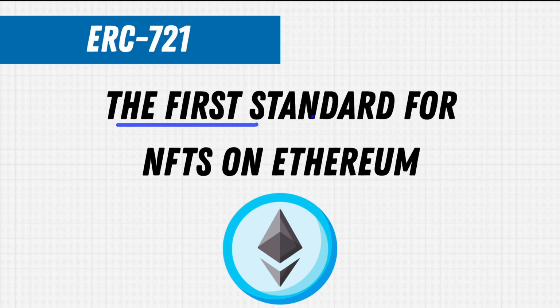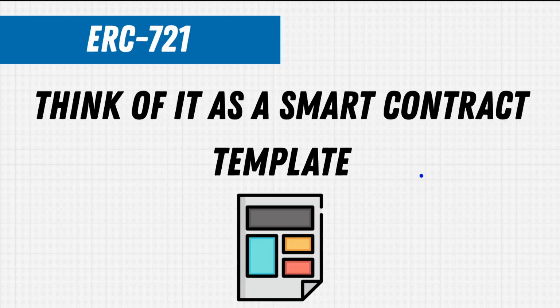It is the first standard for NFTs on Ethereum. So it's the first type of smart contract, or standard of smart contract rather, that was used for NFTs on Ethereum. Think of it like a smart contract template. It basically outlines all of the rules that need to be followed for NFTs on Ethereum as a smart contract.